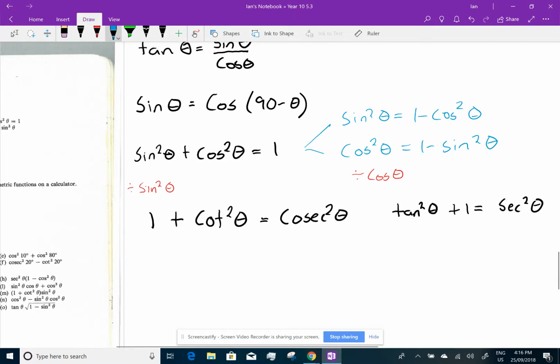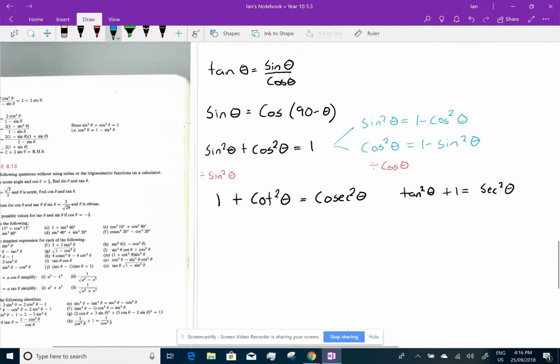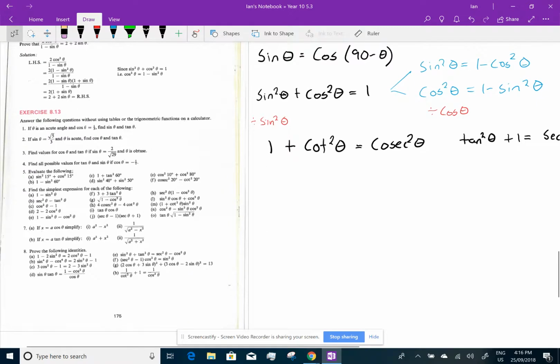Now, all these things are going to be things that we have to use to help us solve these different equations. So I'm going to pick up from question 5 because we didn't quite finish it. And what I wanted to do was 5e. What have I got here with 5e? I've got cos squared 10 degrees plus cos squared 80 degrees.